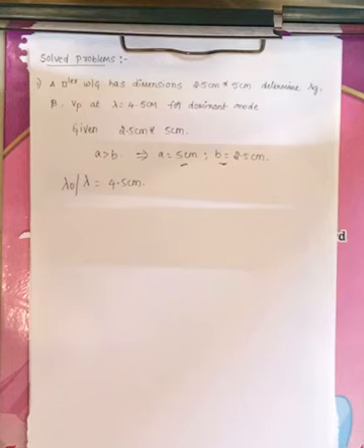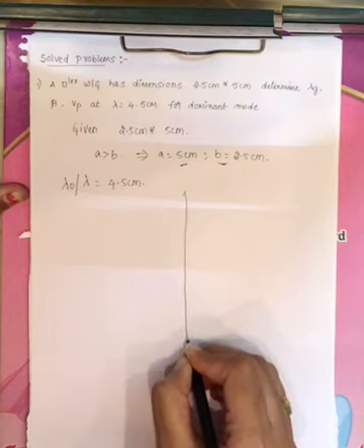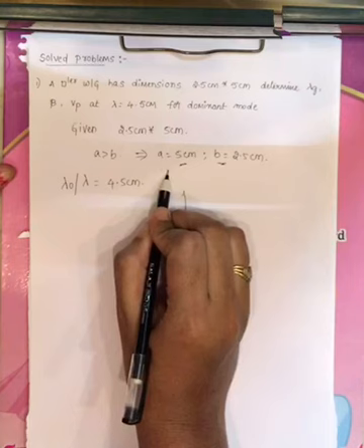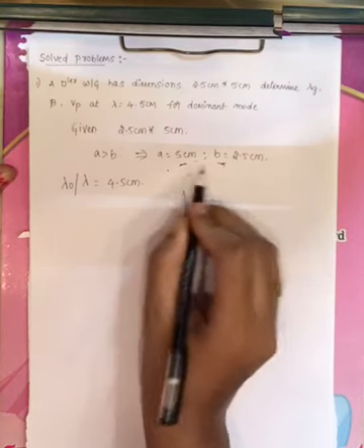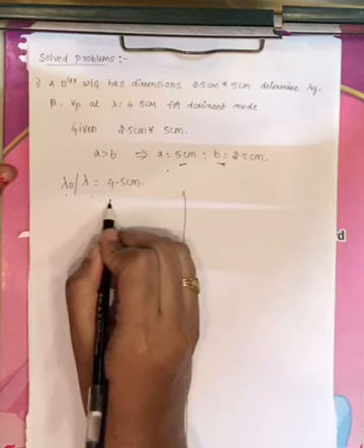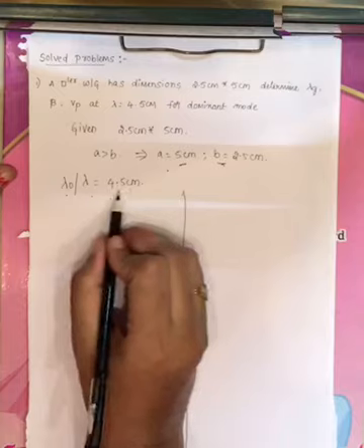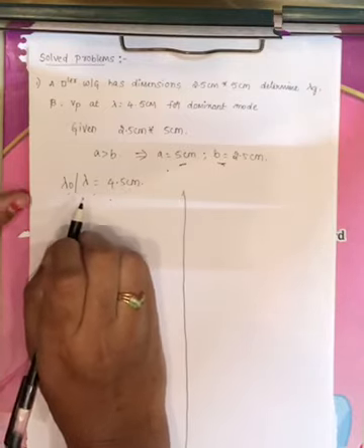Using these three values, a as 5 centimeters, b as 2.5 centimeter and free space wavelength as 4.5 centimeter, you have to find the guided wavelength, beta and Vp, right?